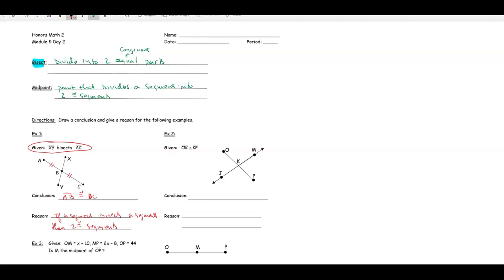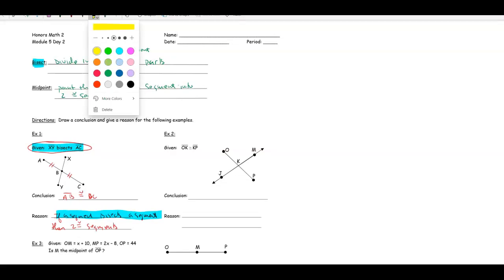And if you look here, the if part of this reason always relates to what was given. The then part of this statement always goes back to what we concluded. It summarizes what we concluded. So that always helps define what we're doing here.